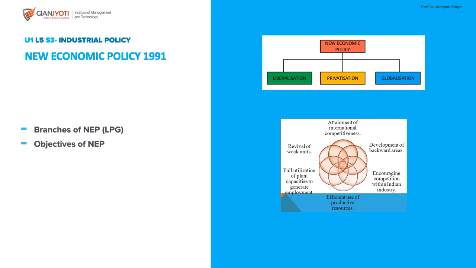And number six is all the weak units, whether in the public sector or private sector, to revive those. If still they are not performing, to sell them off and do more privatization. So that was basically the aim.